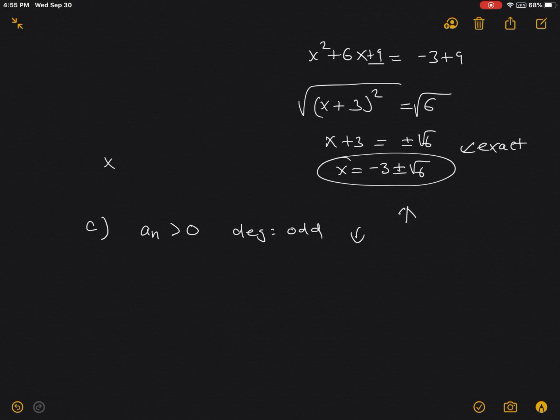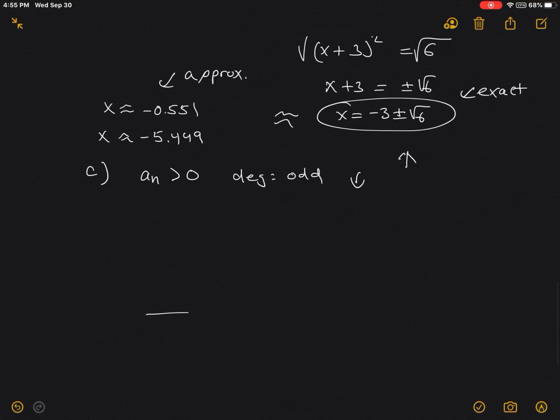So let me give you the approximate values so we know where we are on our axis. Negative 3 plus root 6 is going to be negative 0.551, and then negative 3 minus root 6 is going to be negative 5.449. If you use a calculator, these are the approximate values of those zeros.